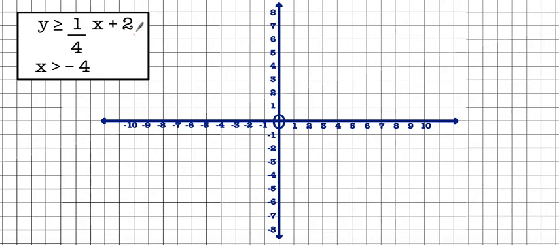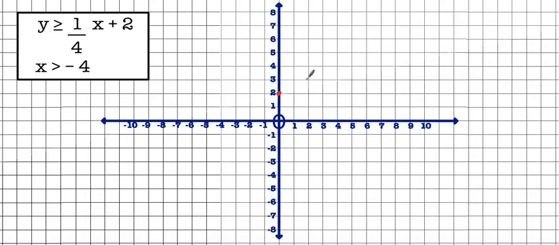And in order to graph this, we're going to start off by plotting our y-intercept first. And since our slope is 1/4, 1 is our rise, so we're going to go up 1 unit, and then 4 is our run, so we're going to go to the right 4 units.